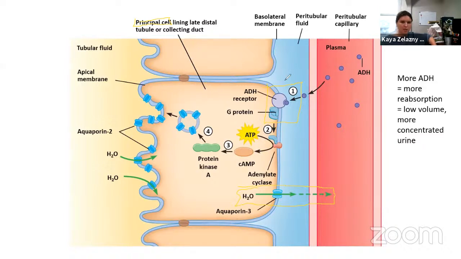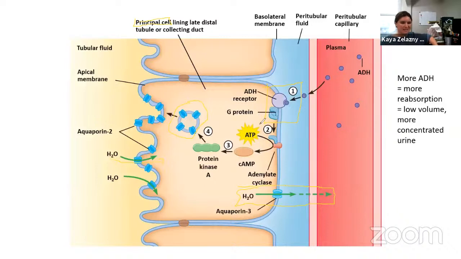So when ADH binds to a receptor on this basolateral membrane, what we're ultimately going to do is tell the cell to take some aquaporin 2 molecules that it's already created and insert them into the apical membrane so that we can take in more water. All right, that's our ultimate goal here.